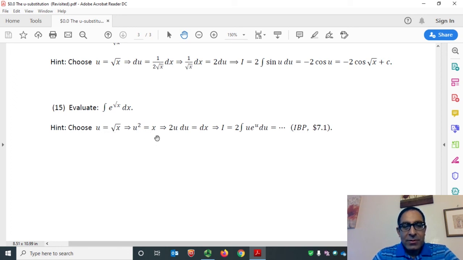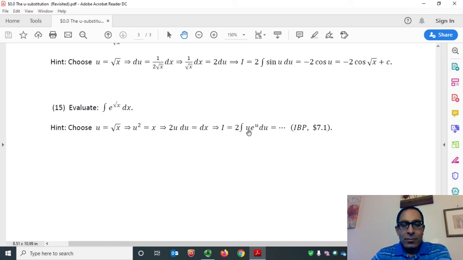So 2u du equals dx. Then rewrite the given integral in terms of u variables. So e to the power u, and then dx. dx is 2 times u du. I pull 2 outside. Great. Then this integral is not easier than this integral, right?